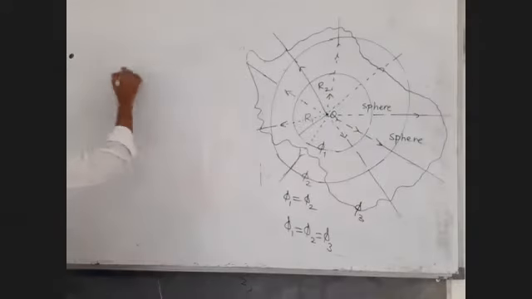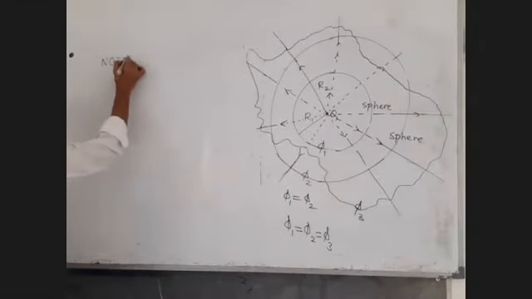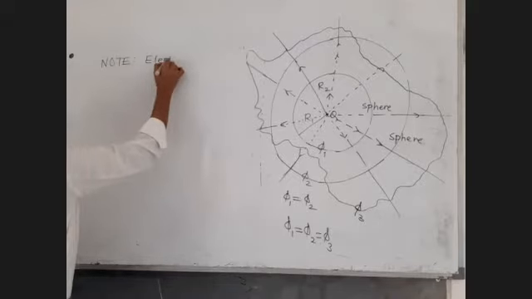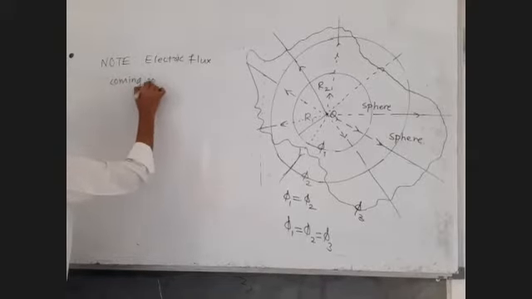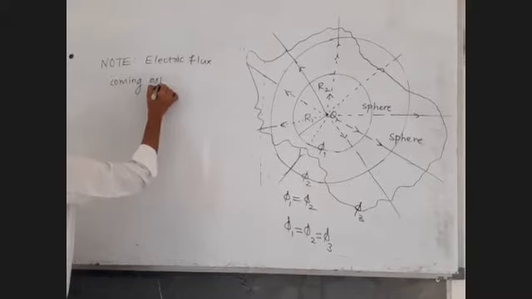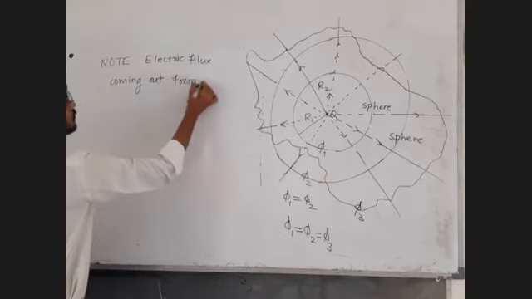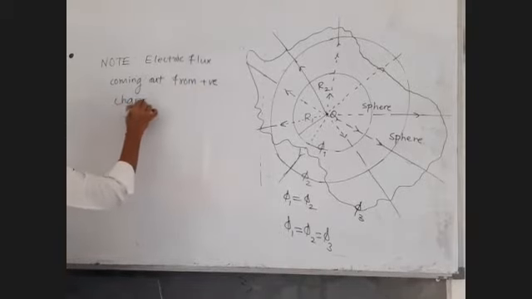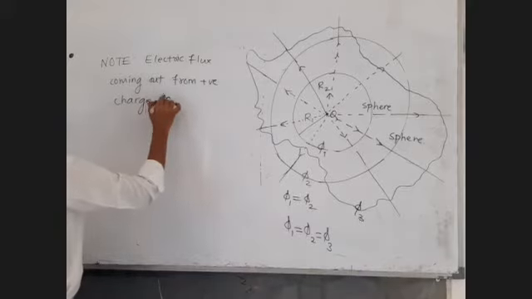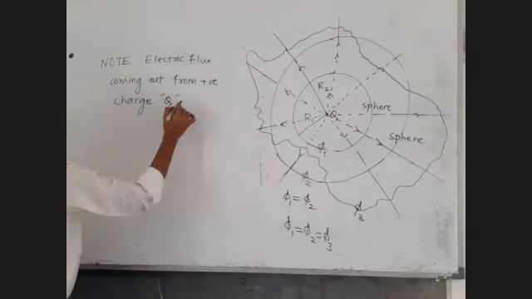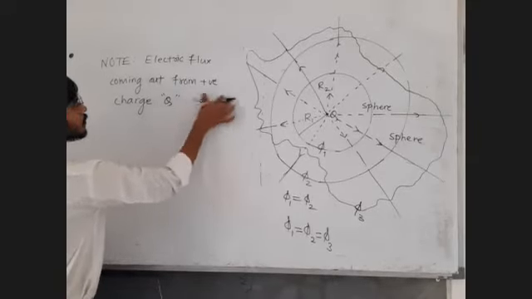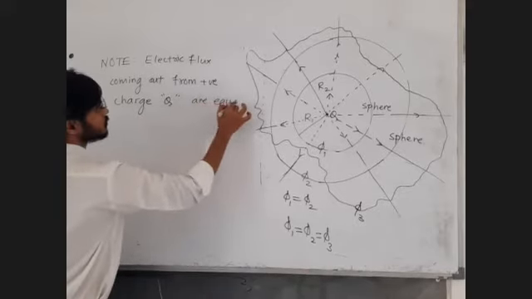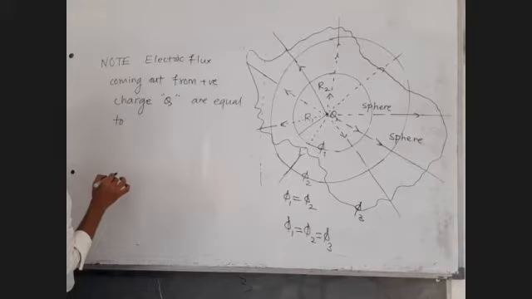So write down: electric flux coming out from positive charge Q is equal to... how many electric flux are emitted?